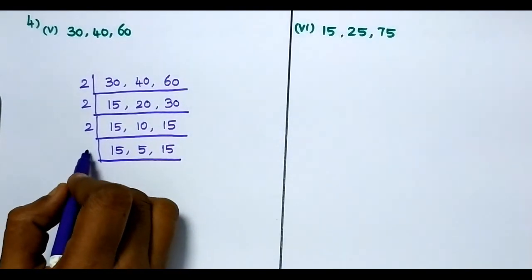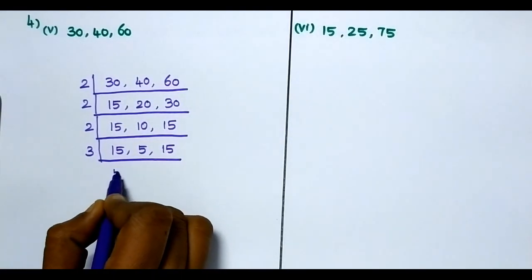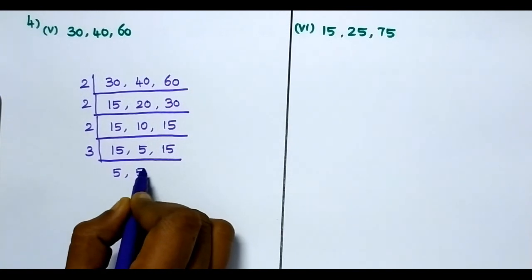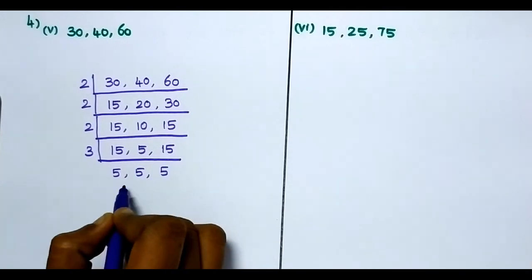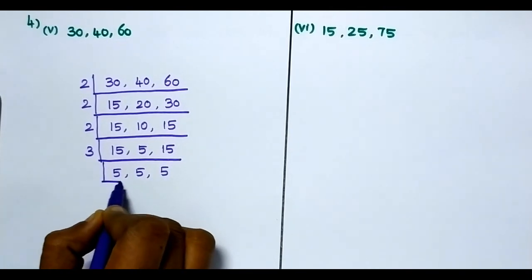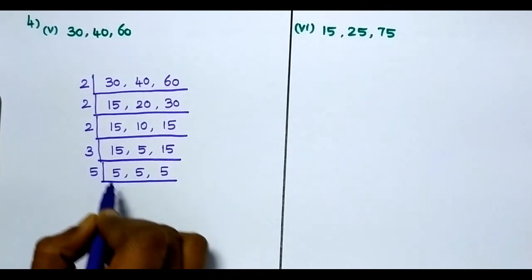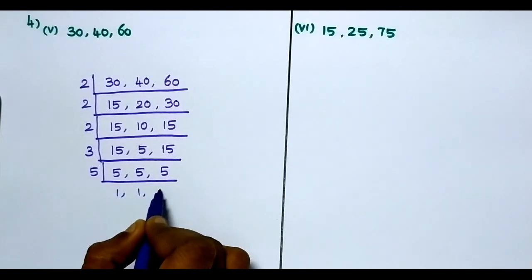And next least number 3. 5 3s are 15. 5 is not possible. Write down as it is. Here also 5 3s are 15. Now divided by 5 means we get 1 comma 1 comma 1.